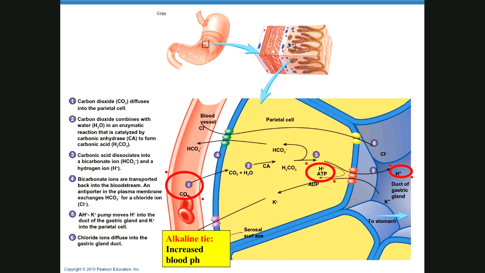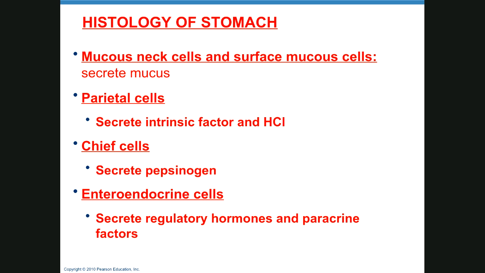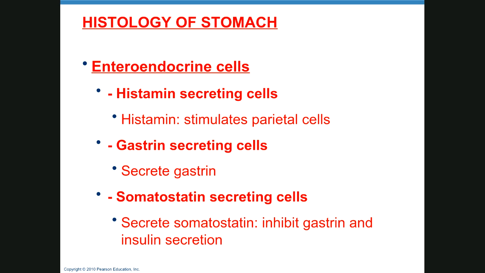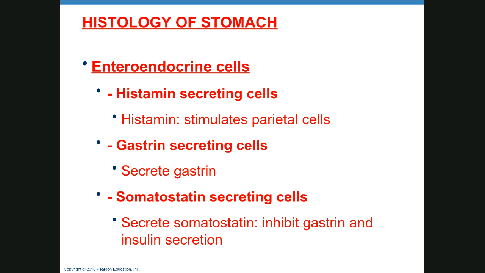So let me go back and pick up on what these cells secrete and what they do. The cells here at the bottom are the enteroendocrine cells. They are going to secrete hormones. So the enteroendocrine cells secrete gastrin, which is a hormone that is going to stimulate the GI tract, the secretion and movement of the stomach.